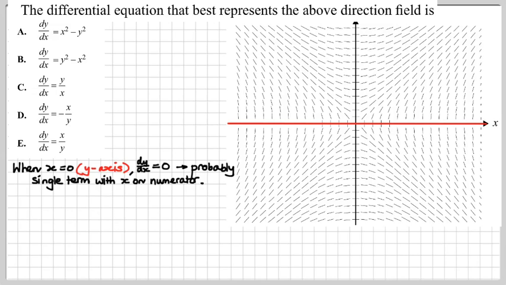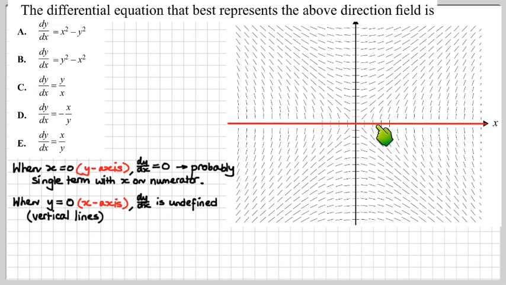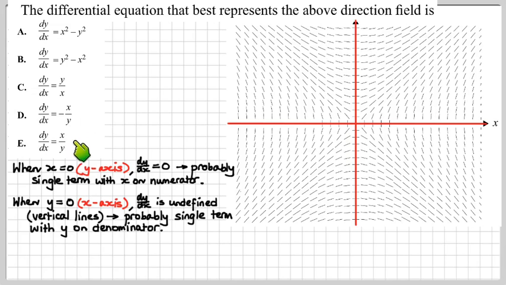So when y is 0, that is along the x-axis, we can see that the gradient is undefined, a vertical line. So that tells you y is probably on the denominator, because anything over 0 is undefined, okay? That's that one. Now we've got to work out the final battle between D and E. We've honed in on it very quickly.